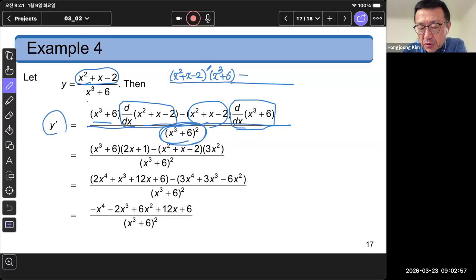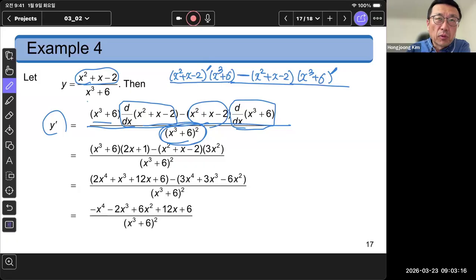And then you minus, okay, the numerator, which is x squared plus x minus 2, multiplied by the derivative of the denominator. So given this x cubed plus 6, you differentiate it and then multiply that with the numerator. And this whole thing is divided by the denominator, x cubed plus 6 squared. So that is the y prime, the derivative of this function. So please remember this. Okay.